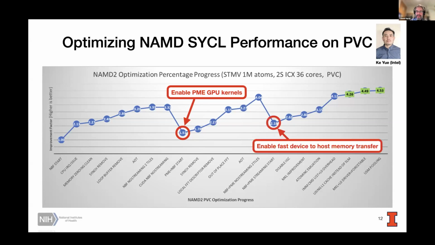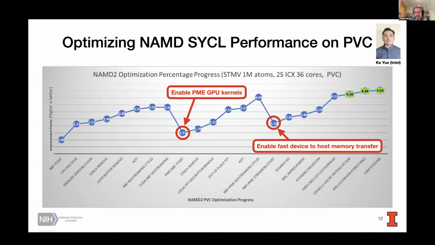And the next step in the graph was whenever we were trying to enable the code that we already had in place for running on CUDA devices. And this was a fast mechanism to be able to transfer the force calculation back to the CPU-based patches.